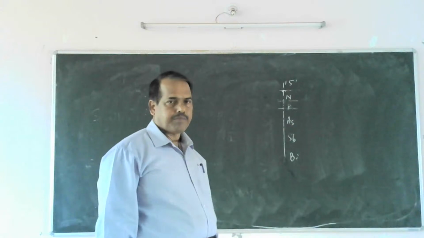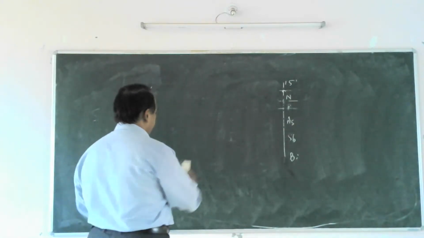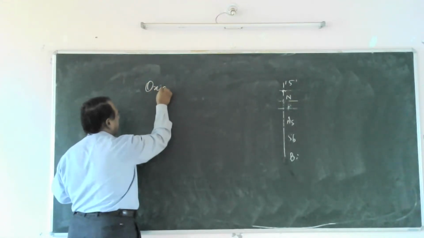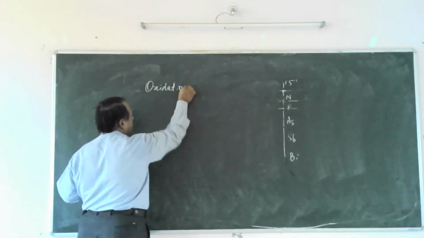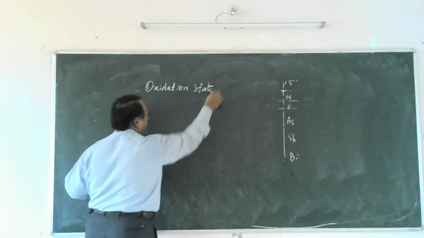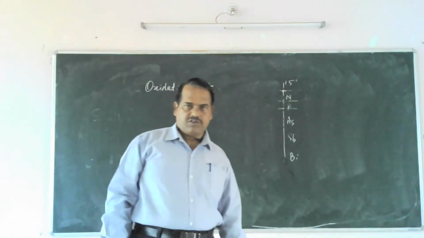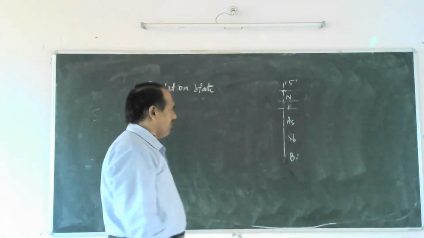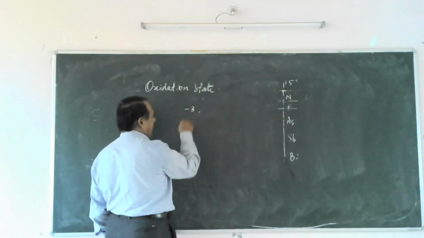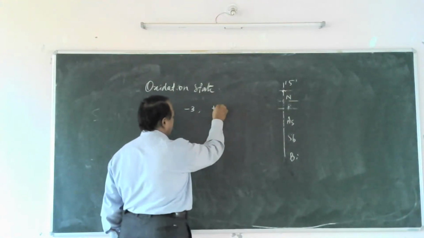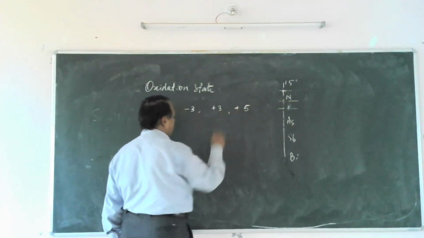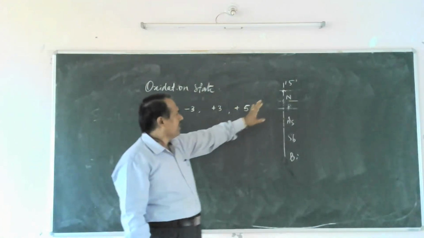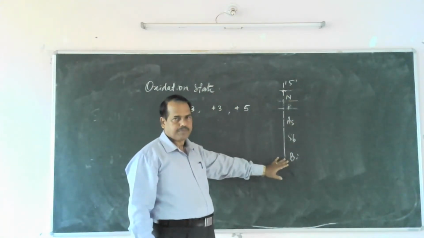Okay, next you have to study the oxidation state of the 15th group elements. The general oxidation states shown by these group elements are -3, +3, and +5. These are the stable oxidation states shown by the 15 group elements.